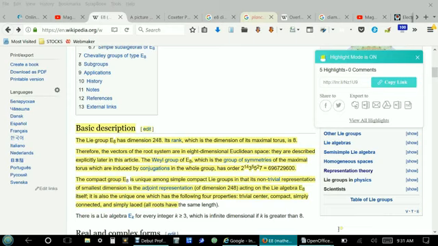Very important numbers. Its rank, which is the dimension of the maximal torus, is 8. Therefore, the vectors of the root system are in an 8-dimensional Euclidean space. What does Euclidean space mean? It means flat space. But remember, it's 8 dimensions of flat space interacting.